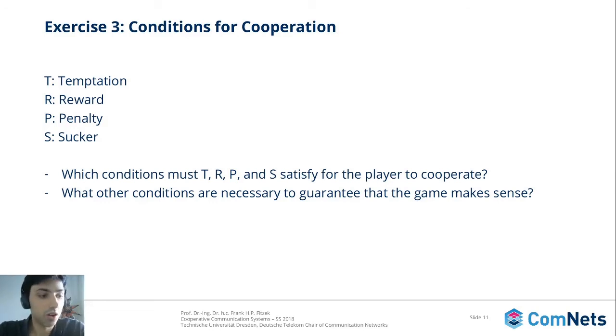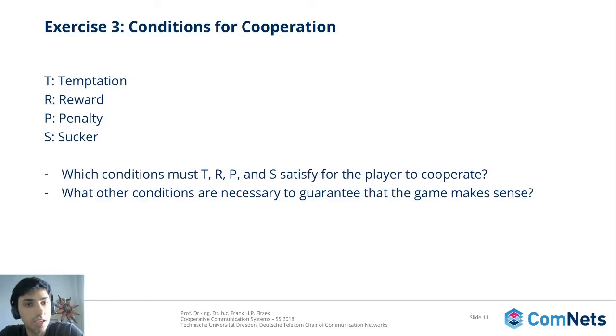Then we also need to find the condition between penalty and sucker. The penalty, as I was saying, is that they both defect, and the sucker is that one defects and the one that cooperates gets the sucker points. Here it is exactly the same as the temptation and reward.